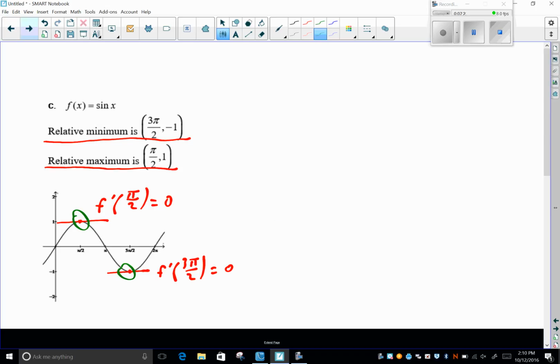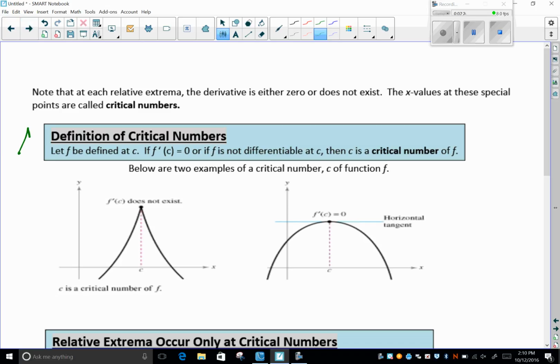So that leads us to what we call the critical numbers. Right? And the critical numbers are where the first derivative of a function is equal to 0 or undefined. So whenever we want to find critical numbers, set f prime of x equal to 0 or undefined.